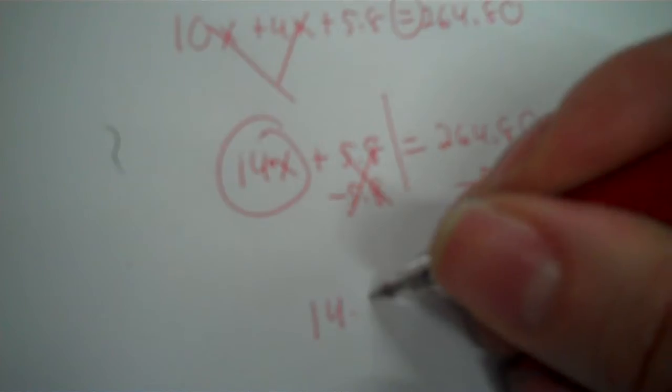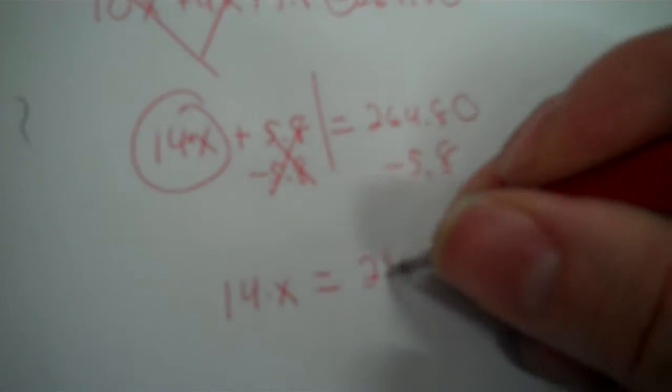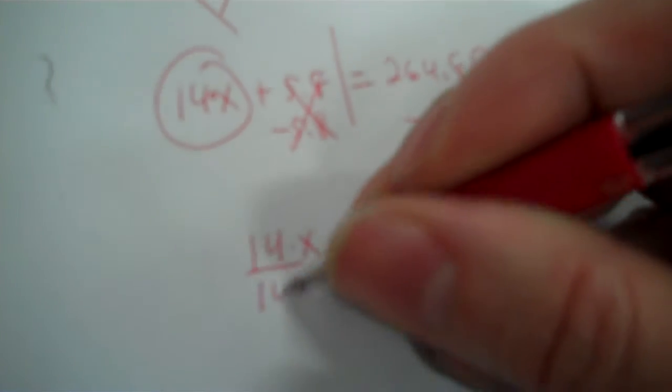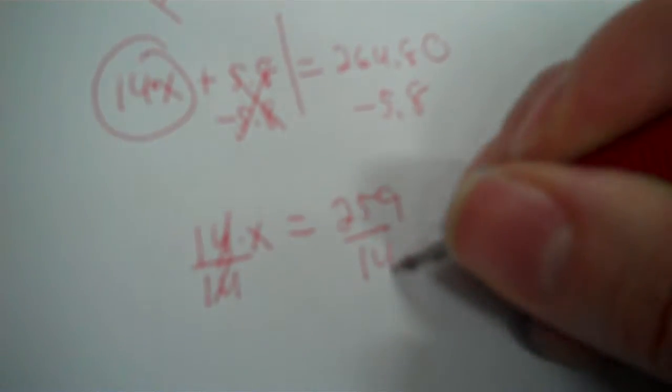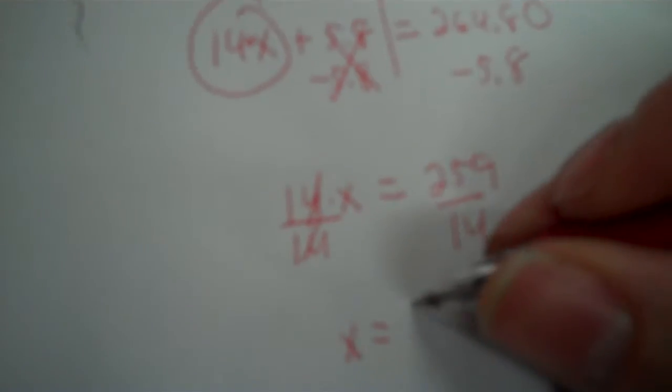So 14 times X, and you take 264.80 minus 5.8, 259. And I divide by 14. So I take 259 divided by 14, 18.5.